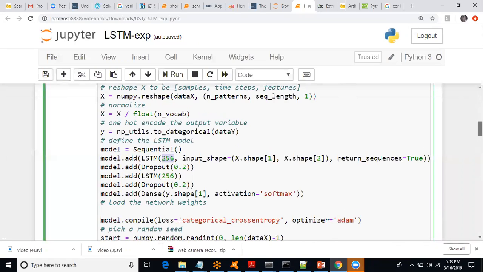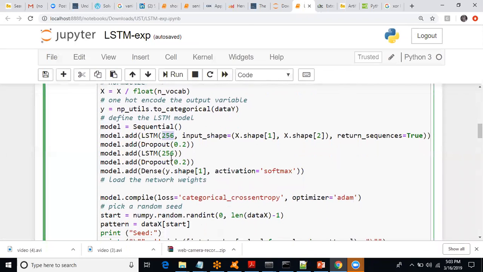Then we can use dropout randomly, 20-30%. The next layer we also use the same way to pass the information. And in the last layer we use the shape of y.